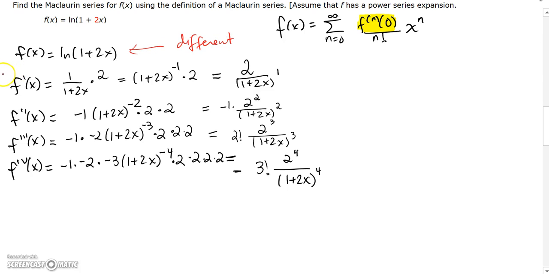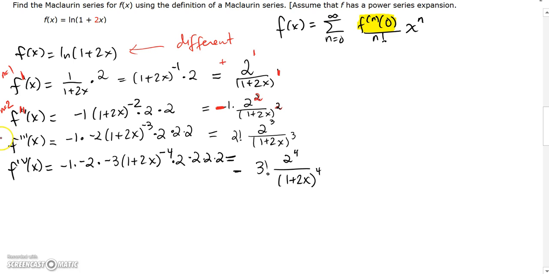The first derivative, when n was equal to 1, it looks like I have 2 to the 1 upstairs, and then I have 1 plus 2x to the 1 downstairs. So first derivative, n equals 1, I see 1's there. Second derivative, n equals 2, I see a 2 to the 2 upstairs and a 1 plus 2x quantity squared downstairs, and I also see a negative sign, whereas at the beginning this one was positive.